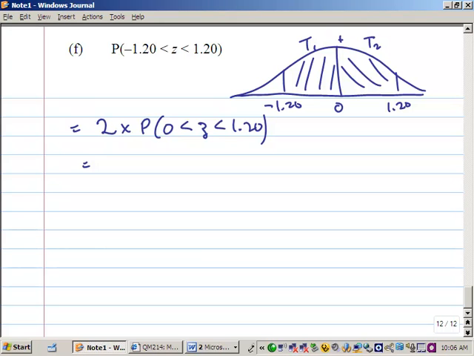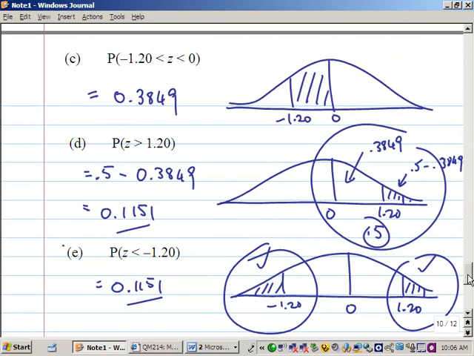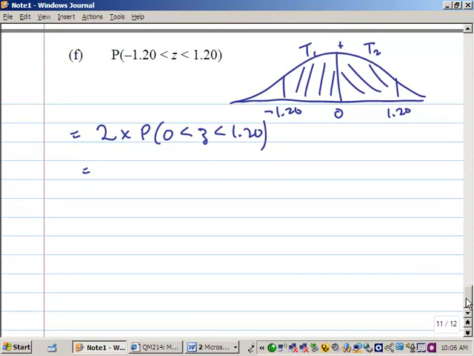Okay, and what was that probability? Looking above, 0.3849, so there's 2 times 0.3849. Let's see if I can do that in my head. Looks like 0.7698. Okay.